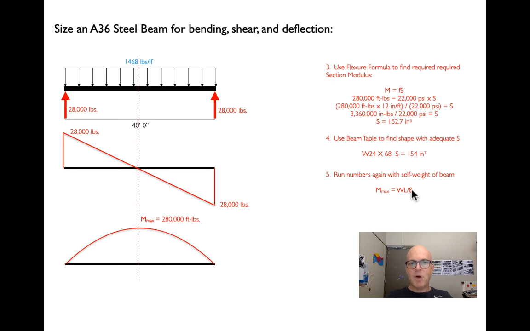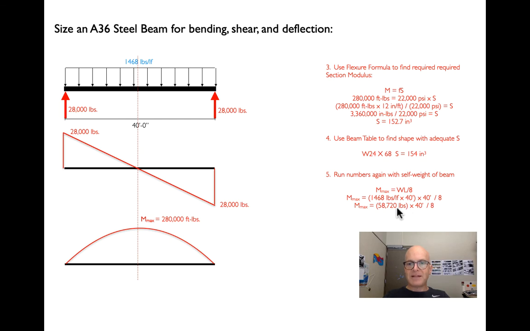The maximum moment for a simply supported distributed loaded beam is WL over 8. In this case, W will be 1,468 pounds per linear foot times 40 feet. We'll multiply that by 40 feet again and divide that by 8. Notice that we'll get a figure in foot-pounds.